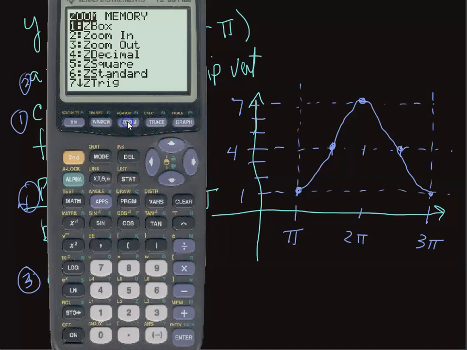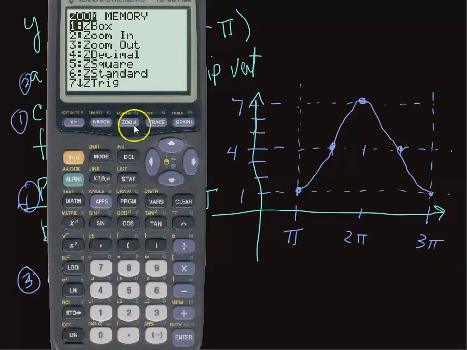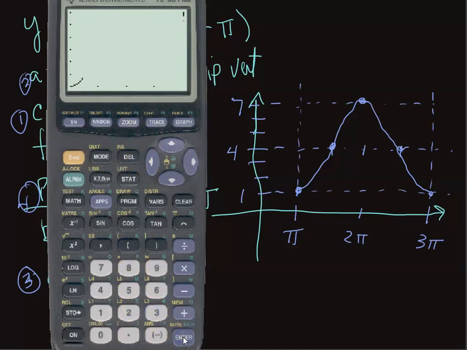If you want to see what it looks like zoomed out, you click zoom number 2 and then press enter. What did I zoom? Oh, zoom number 3 and press enter. It takes you back to where you were.